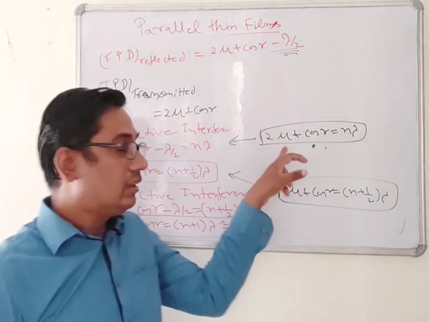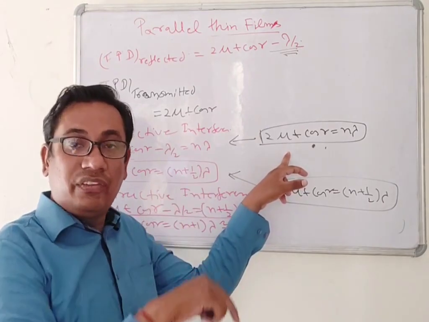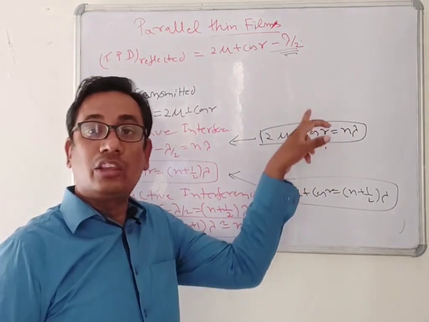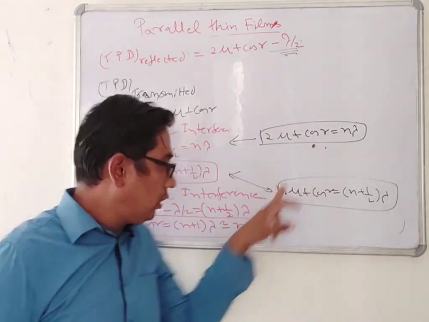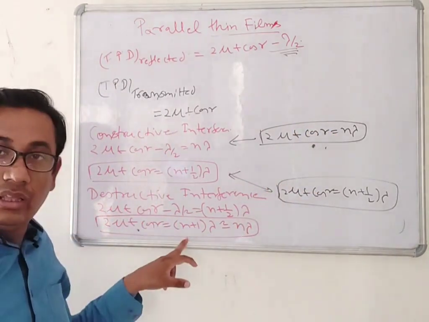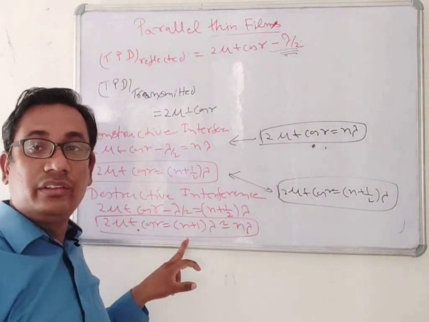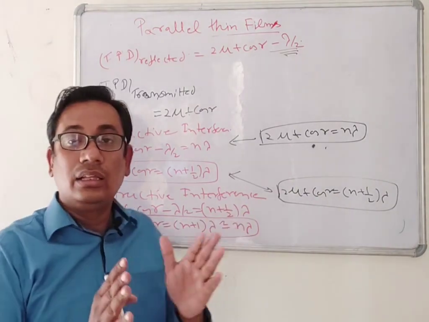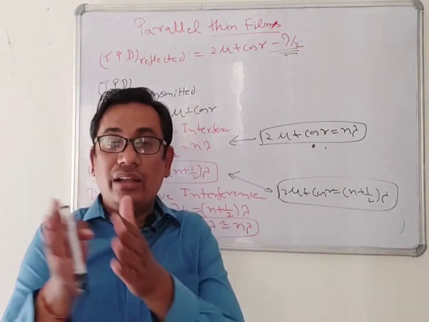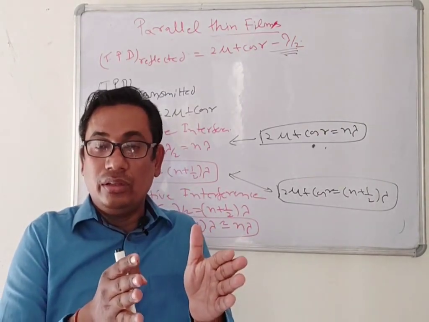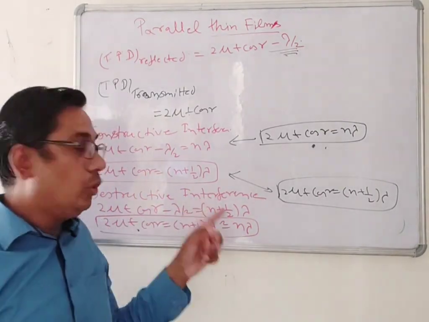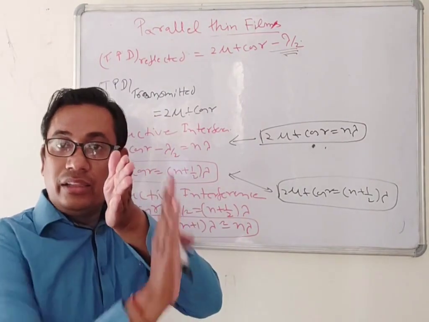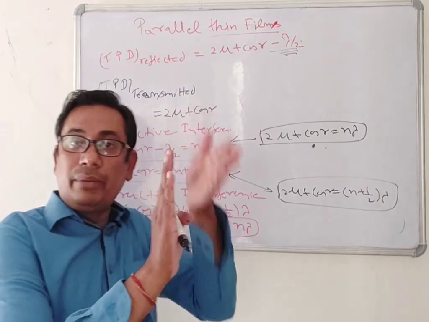Or you can say that constructive interference in the case of the transmitted light is equal to the destructive interference in the case of the reflected light. You can see that both change the bright and dark fringes. Suppose you get alternating bright fringes like that: first one is bright, second is dark, then bright, then dark.